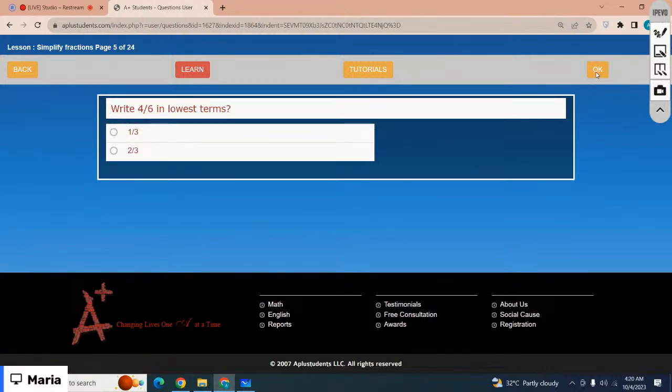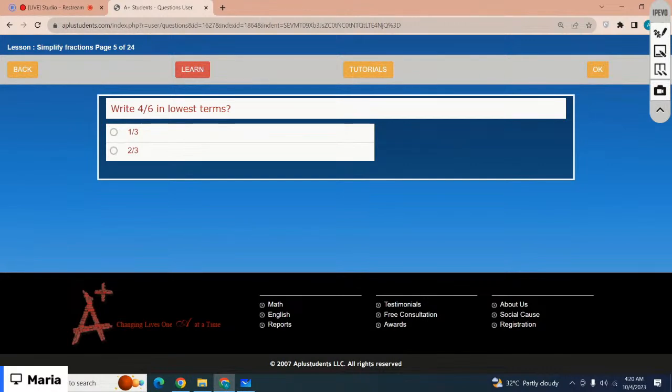Write 4 by 6 in the lowest term. So which is the correct option? 4 over 6.